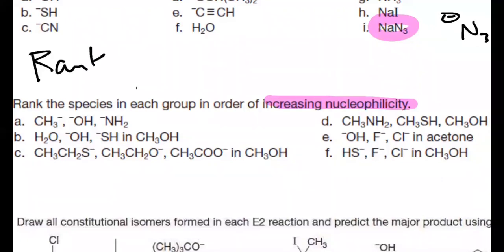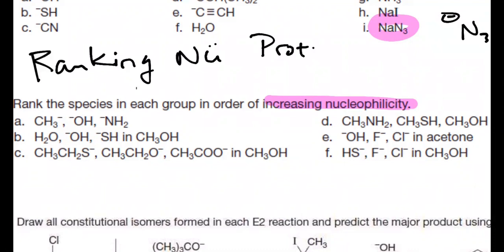It decreases from left to right, and isn't it decreasing to the bottom? So in a protic solvent, nucleophilicity is decreasing from left to right. I agree. And then is it increasing or decreasing from top to bottom?